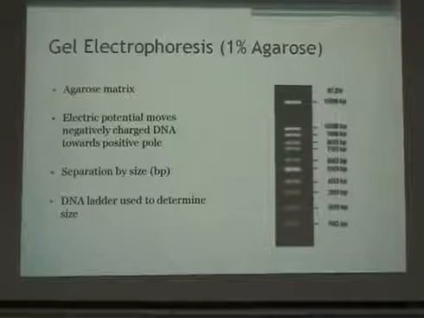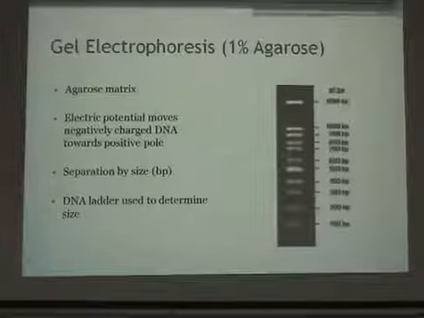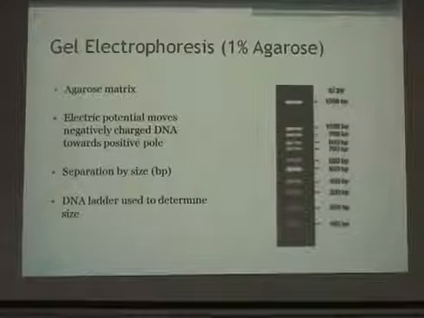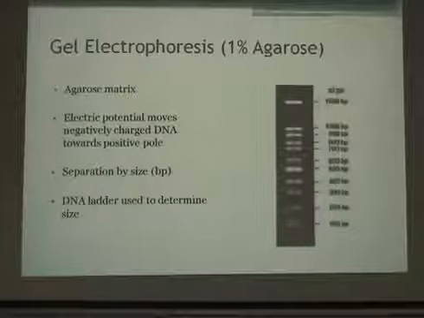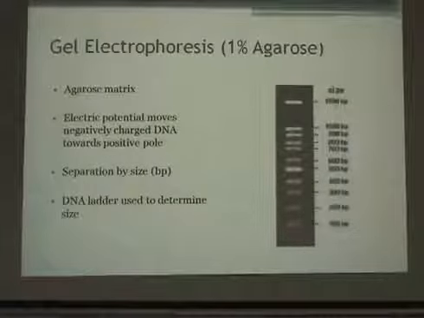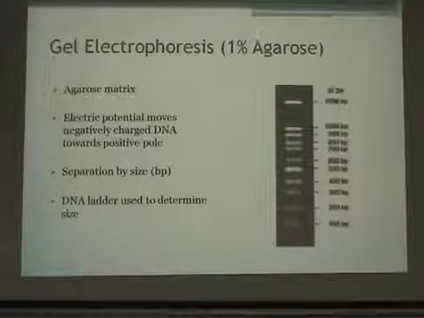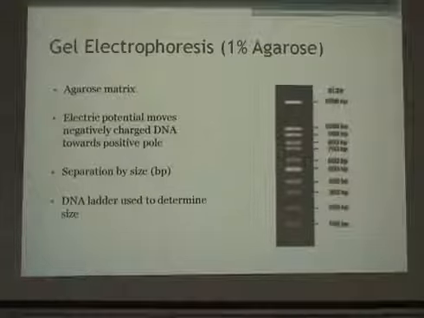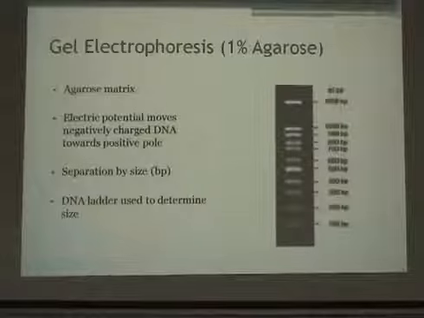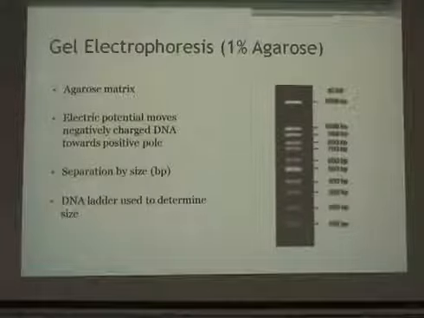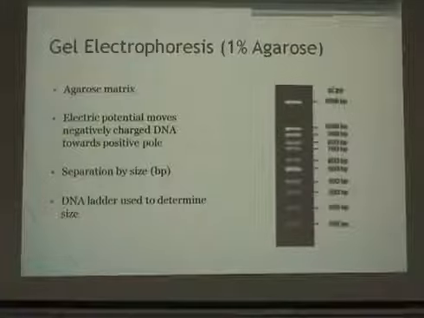The size we measure using the number of base pairs, and we use a DNA ladder as a reference for the size of the band that we're looking at. The DNA ladder that we use is a 100 base pair DNA ladder, so each band corresponds to a 100 base pair increment. So we go from 100 to 200 and so on.